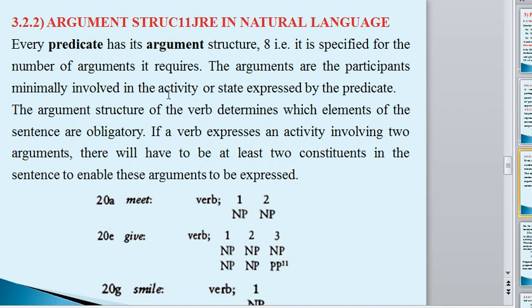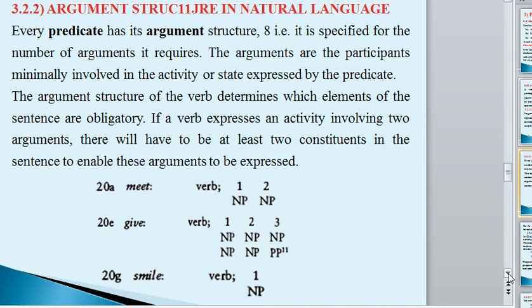It is specified for the number of arguments it requires. The arguments, as you know, are the participants minimally involved in the activity or state expressed by the predicate. The argument structure of the verb determines which elements of the sentence are obligatory. Okay, if a verb expresses an activity involving 2 arguments, there will have to be at least 2 constituents in the sentence to enable these arguments to be expressed.